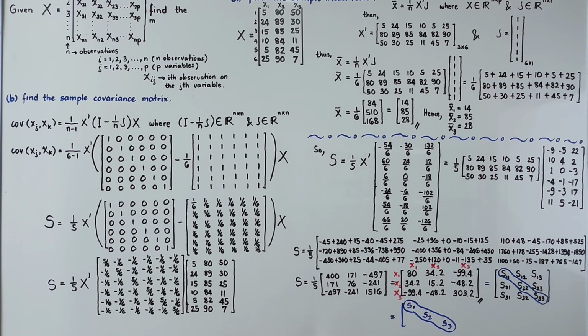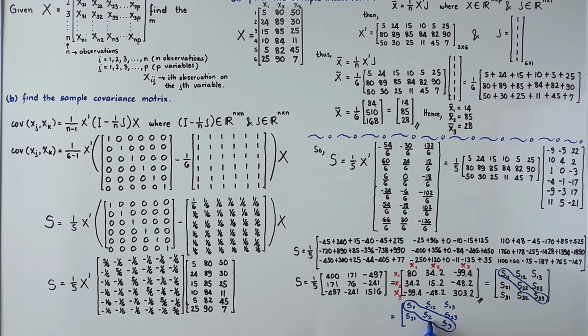That's why the sample covariance matrix is sometimes called variance-covariance matrix. Because off diagonal, this is S12. This is S13, the covariance between the first variable and the third variable. But this one is S21, the covariance between the second variable and the first variable. And this one is the covariance between the second variable and the third variable, because this one is the covariance between the second variable and the second variable.